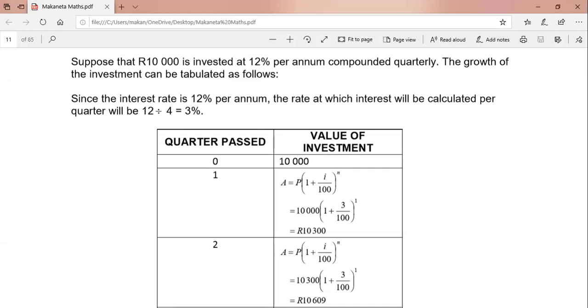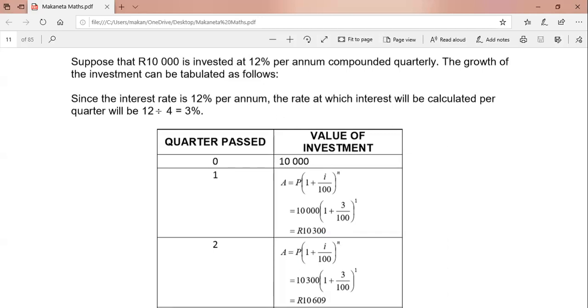So therefore, you use the same formula. A is equal to P into 1 plus I to the power of N. So this means now P is 10,300. So you can see that at the end of the second quarter, to calculate the investment, your P becomes 10,300 and your percentage is still the same.